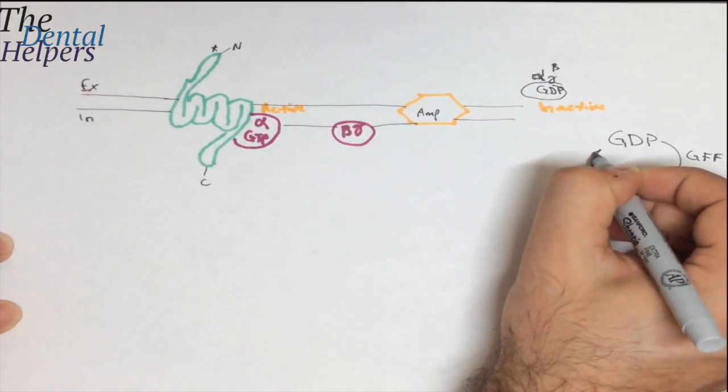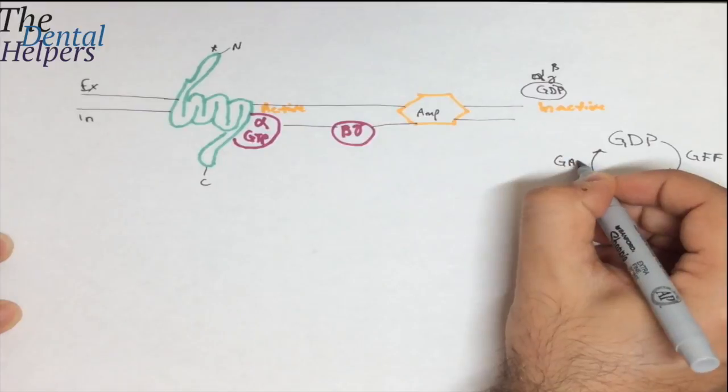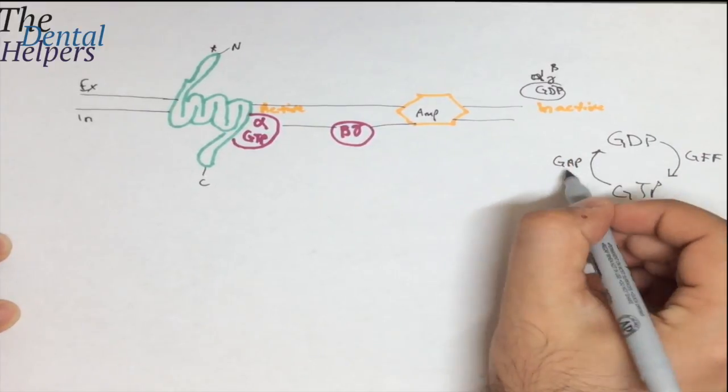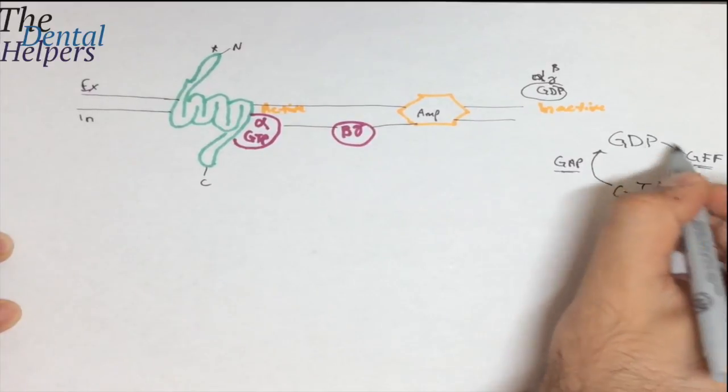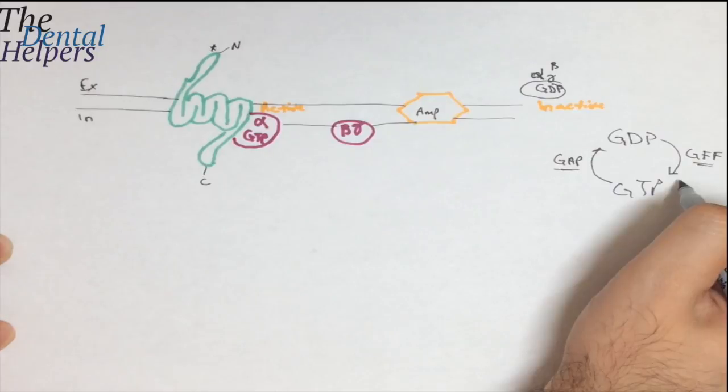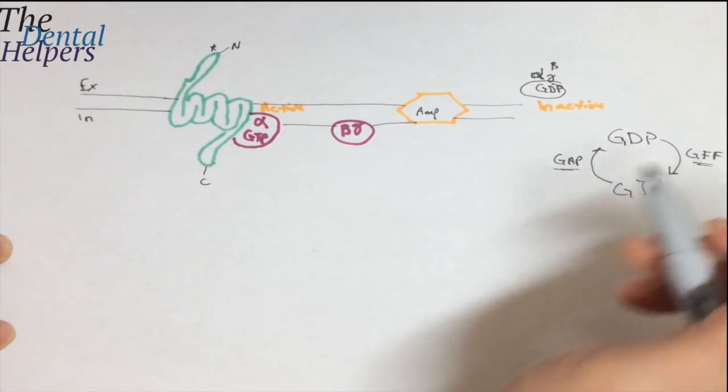And if we want to go this way, we have a GAP. So just remember that these two compounds are going to be doing the hydrolyzing and phosphorylating. So they're going to act as your kinase and your phosphatase.